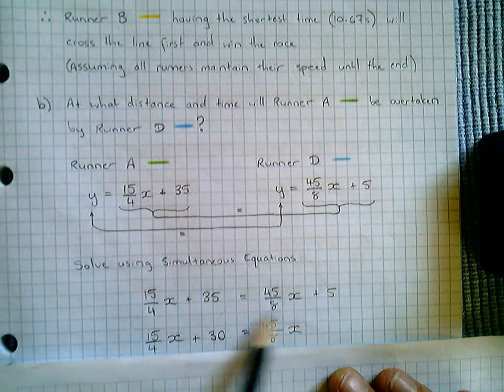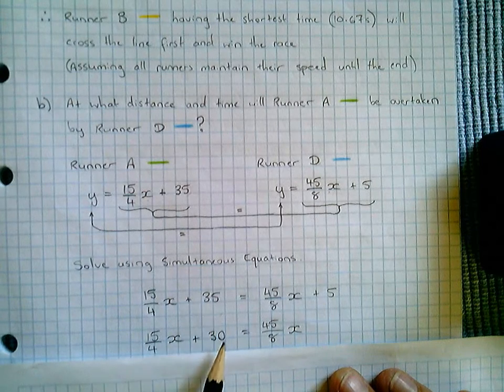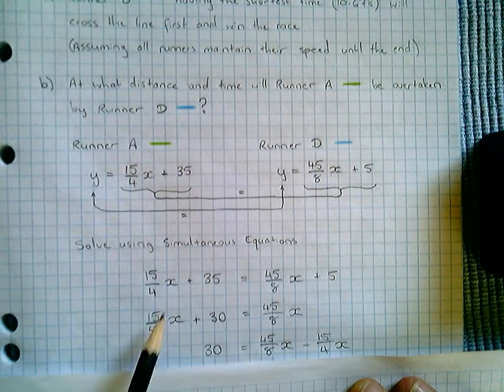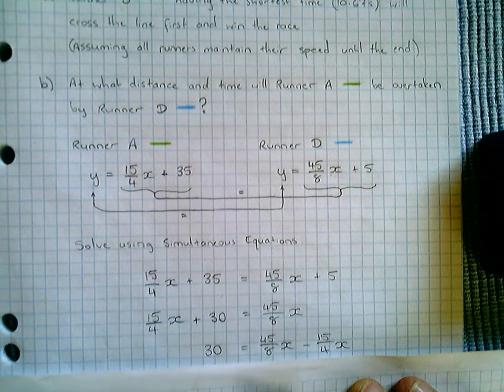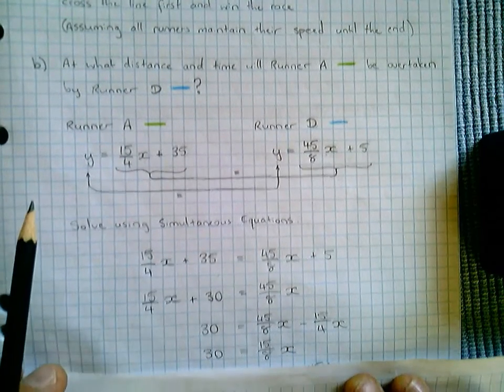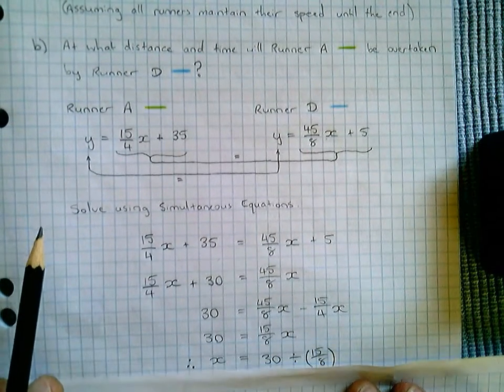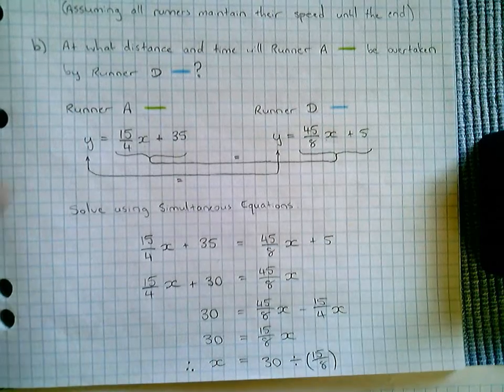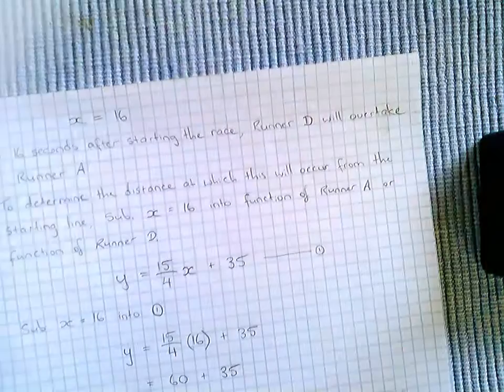I moved the positive 5 to the other side, made it a negative 5 to get my 30. I then moved the 15 on 4x to the other side and made it a negative. Simplified. And over the page, that answer, x equals 16.